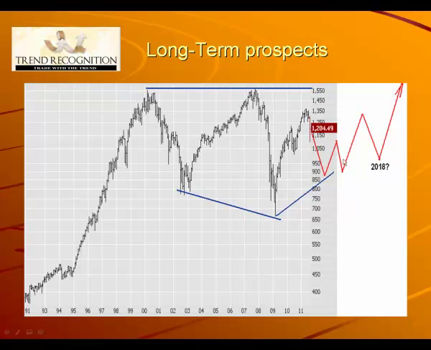But again, most likely we will see several years of sideways consolidation once the current decline is over. And I do not expect a huge bull market similar to the one from 1982 to 2000 and from 1949 to 1966. I do not expect such a huge bull market to start before 2018.